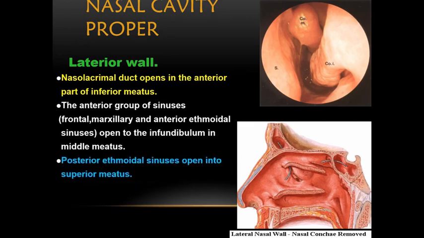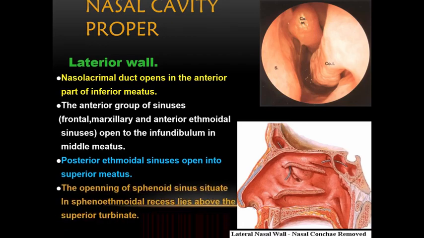The posterior ethmoid sinuses open into the superior meatus. The opening of the sphenoid sinus, situated in the sphenoethmoidal recess, lies above the superior turbinate.